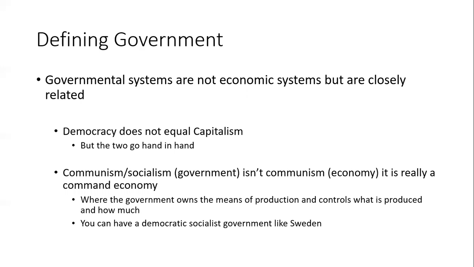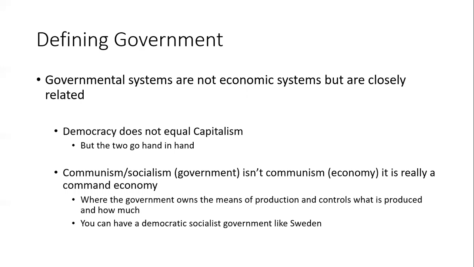When we look at communism, communism gets a little bit more tricky, because the governments of communism aren't necessarily the economic system of communism, but it's so interwoven that it's hard to separate the two.